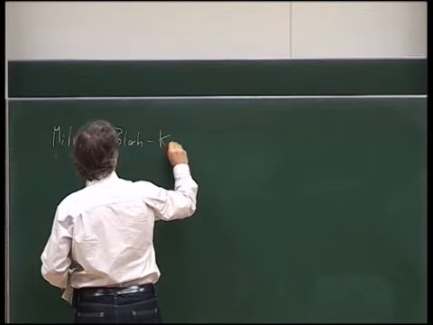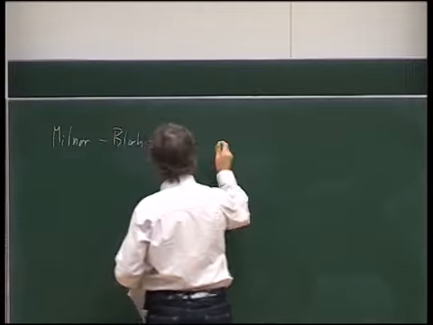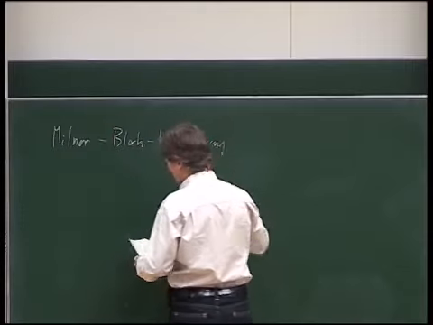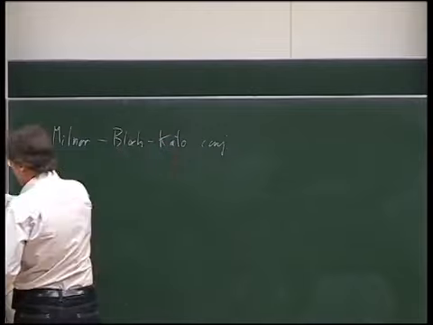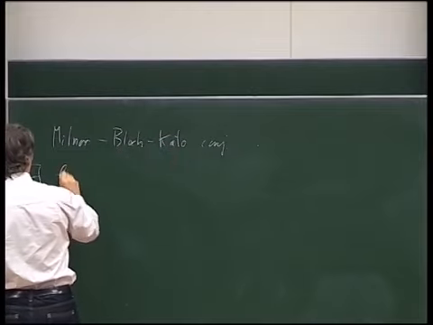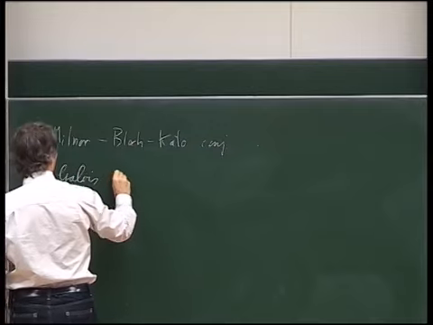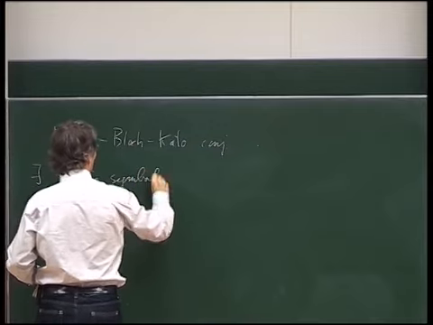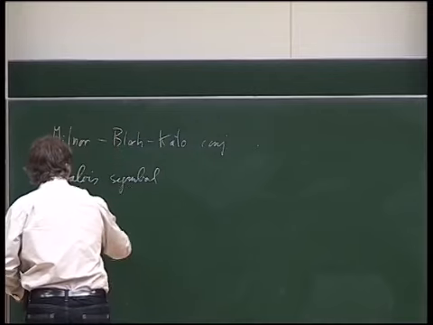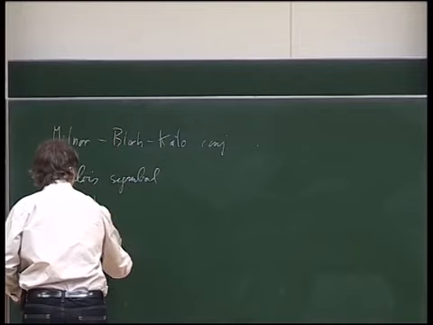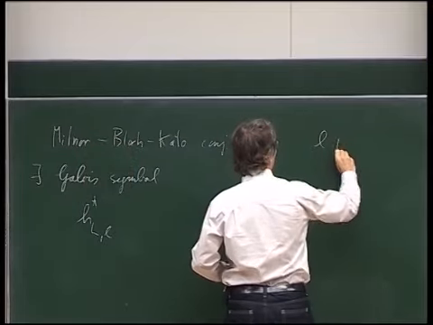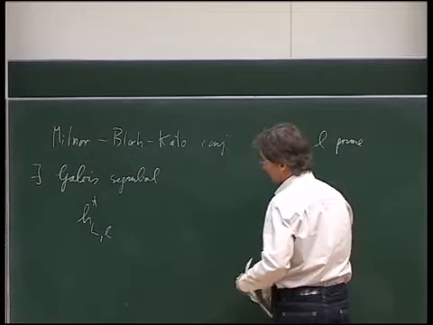So the Milnor-Bloch-Kato conjecture, or simply Bloch-Kato conjecture for short. In fact, with this notation, you have a Galois symbol h^t_L. L is any prime, it could be the characteristic.